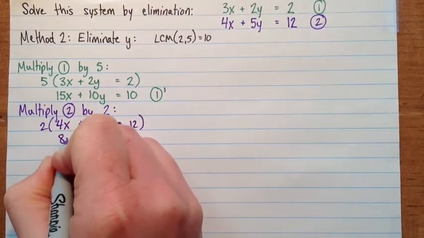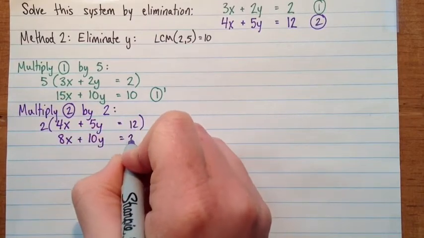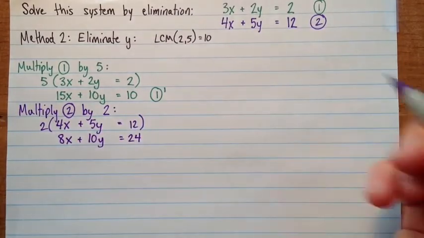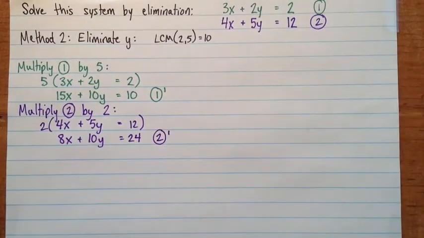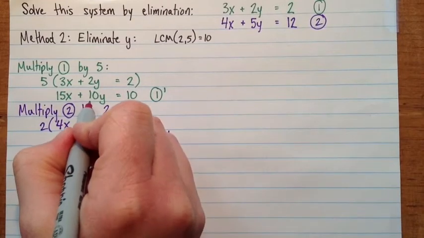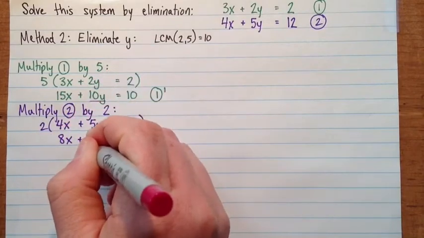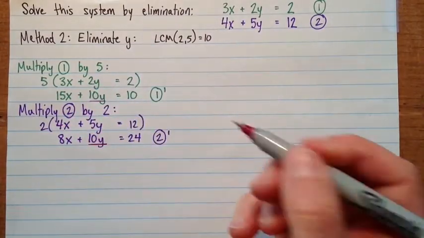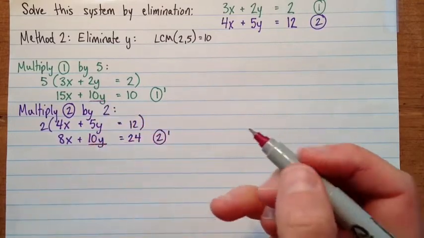So that's 8x plus 10y equals 24. Okay, and that one will be called 2 prime. So now we've got the 10y here. We've got 10y here. So now we can subtract the equations to get 0y.